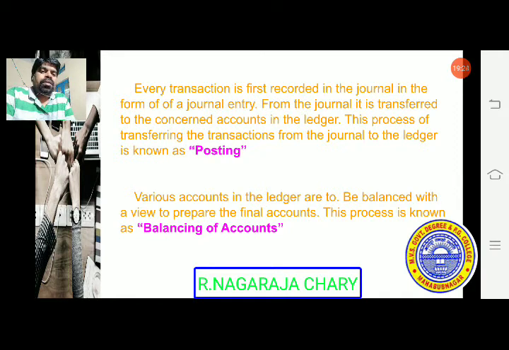Because every monetary transaction is recorded firstly in the journal by using various types of principles. Those principles are personal accounts, real accounts and nominal accounts. These 3 principles are to be used to record journal entries.